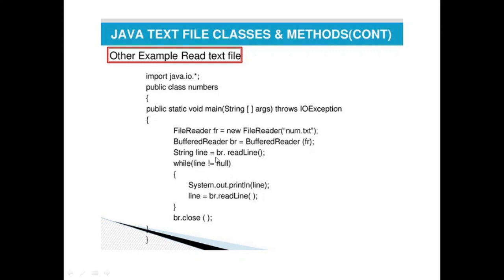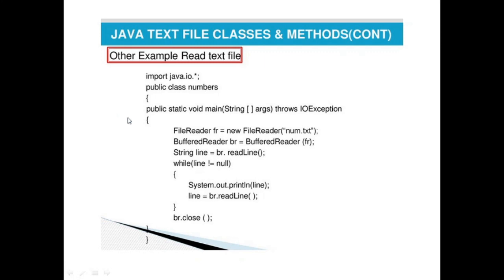I told you that the readLine method returns the whole string comprising the line, and it moves to the next line, until it becomes null. So String line is equal to br.readLine, and this reads the first line.